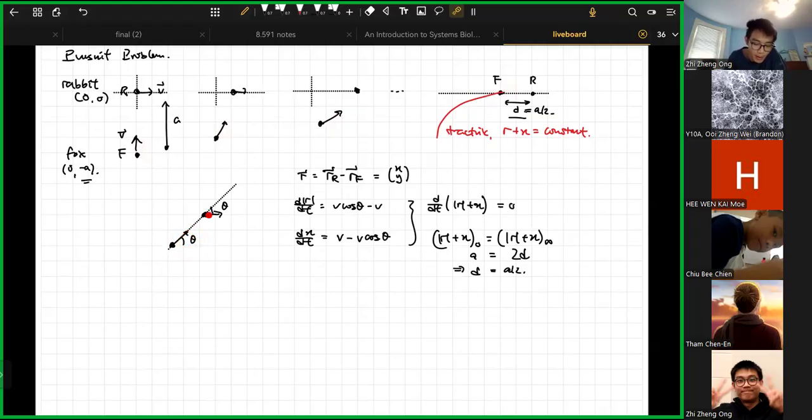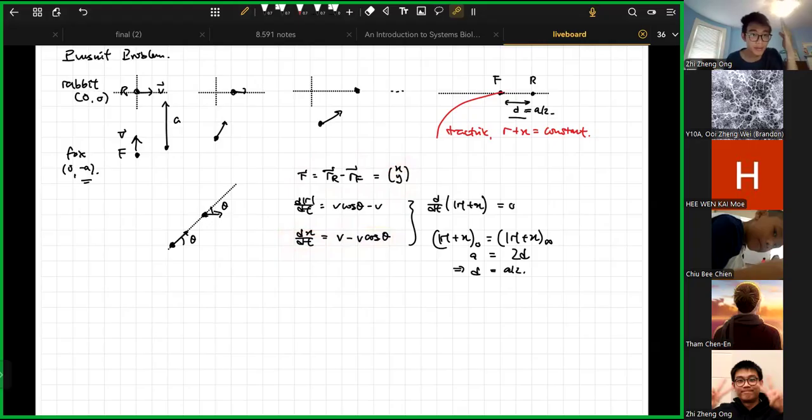Since the rabbit always moves to the right by velocity v, it's nice to use rectangular coordinates. That's why. If you write down the separation, in this rectangular reference frame the x component of the separation is going to change by this much.